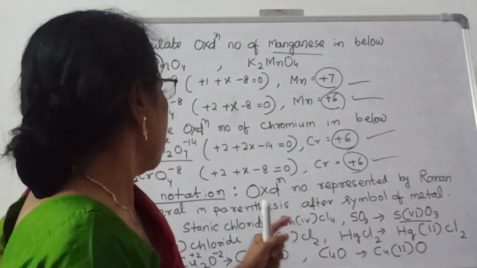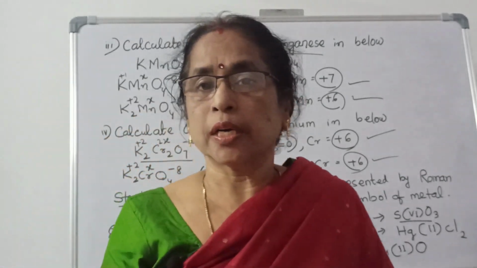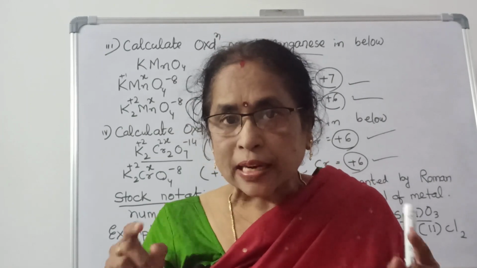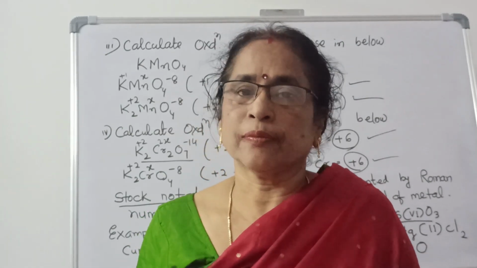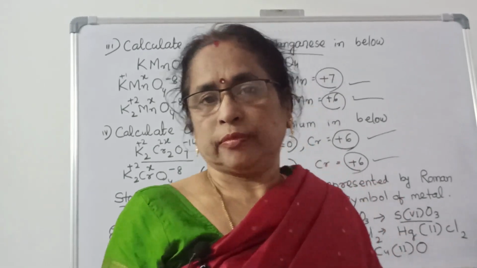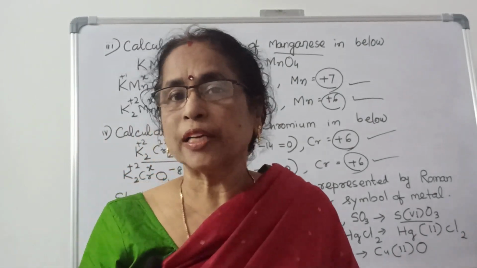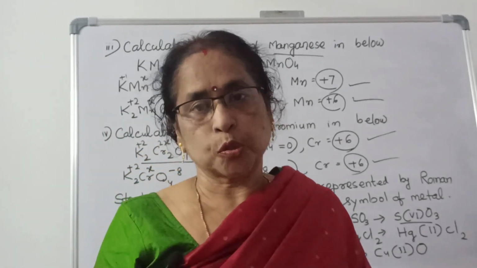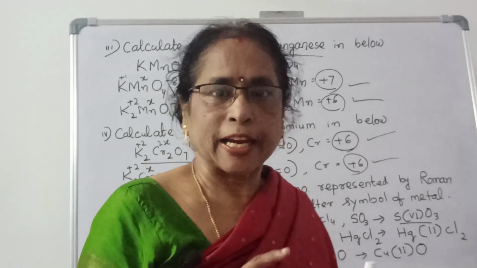It is only one representation: the oxidation number is represented by a Roman numeral in parenthesis after the atom of the metal, or sometimes non-metals can be used also. That means you should know the Roman numeral for the oxidation number. Let the oxidation number be plus 2, you will use Roman numeral 2 in bracket.